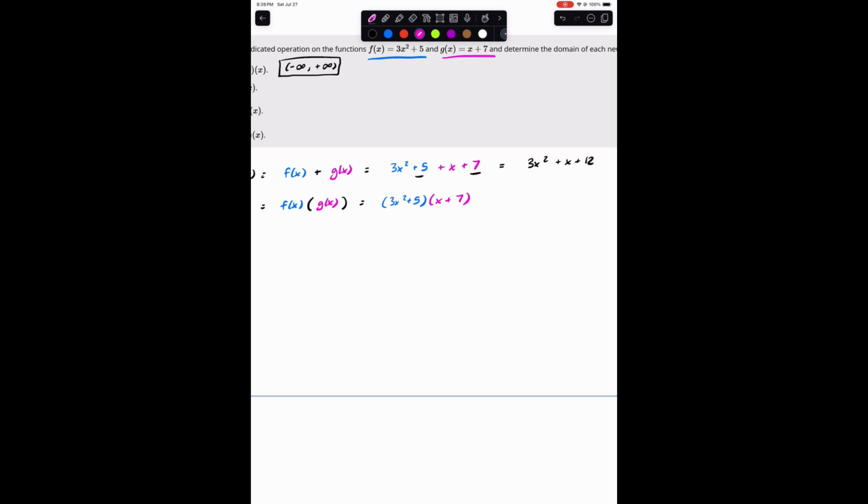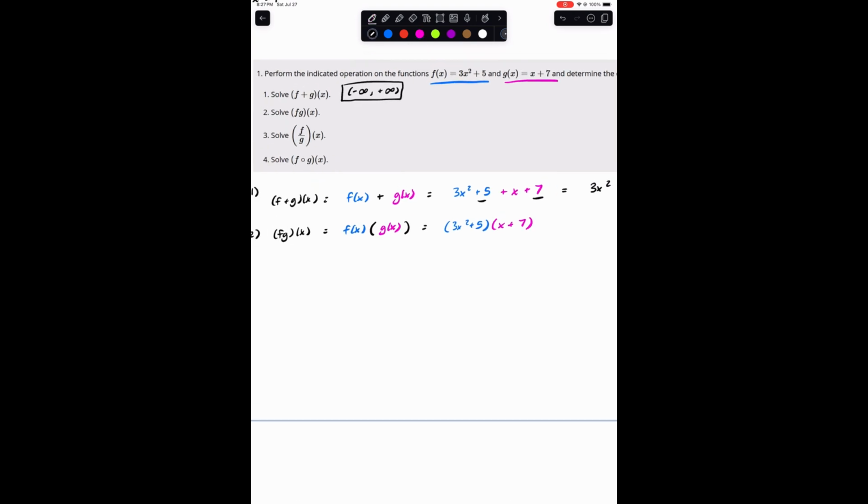So you'll notice that you could say, oh, well, when we multiply these together, we won't have a fraction, and there's no radical still, and there's no logarithm, so we can just immediately say that the domain is also negative infinity to infinity, and you would be right.